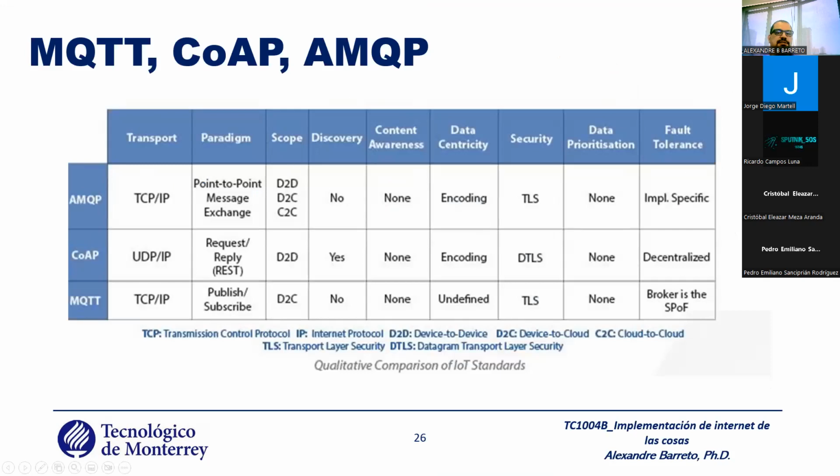Again, when you analyze these protocols, CoAP supports UDP only, and the scope is device to device, okay? You use CoAP only device to device, okay? But when you think about using the cloud, you need to use AMQP and MQTT, okay?